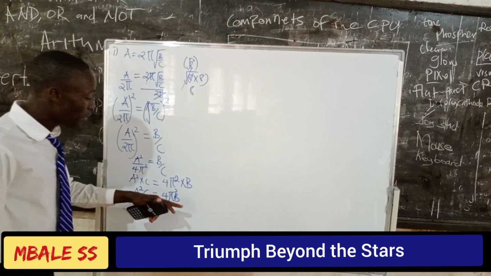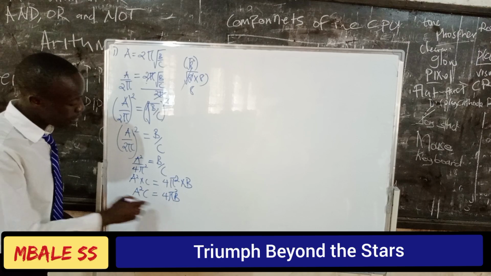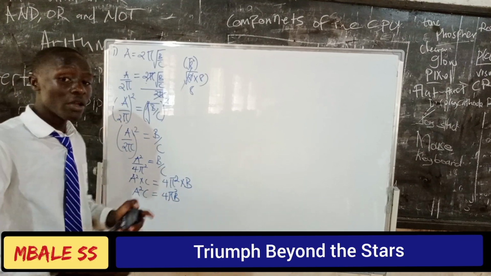Okay? Now we are going to divide by 4 pi squared on either side so that we remain with B on one side.